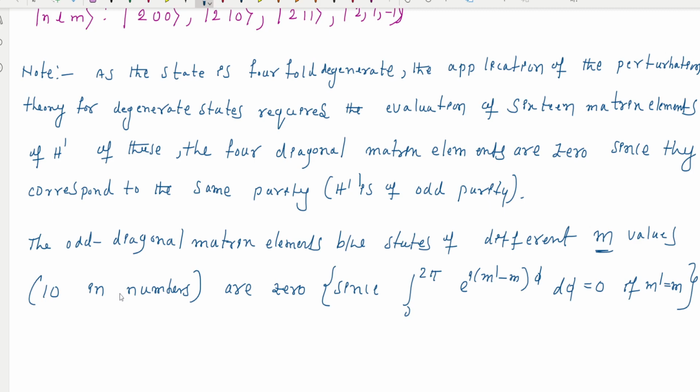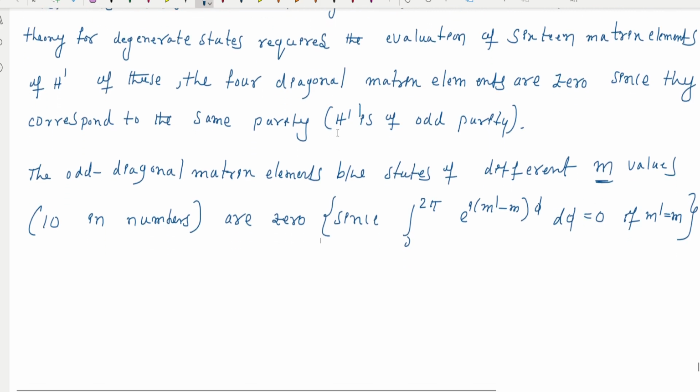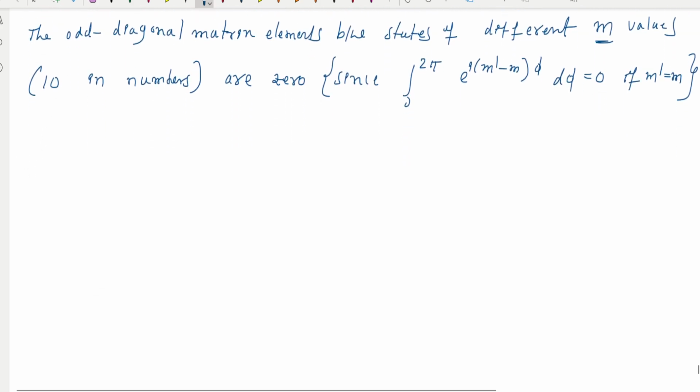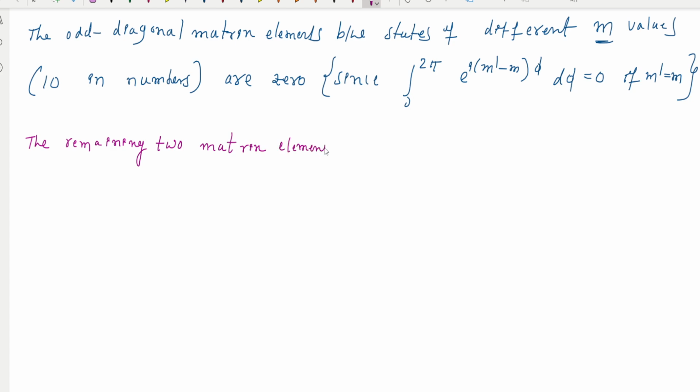Then only two states are left, giving two matrix elements: one is 200 and another one is 210.